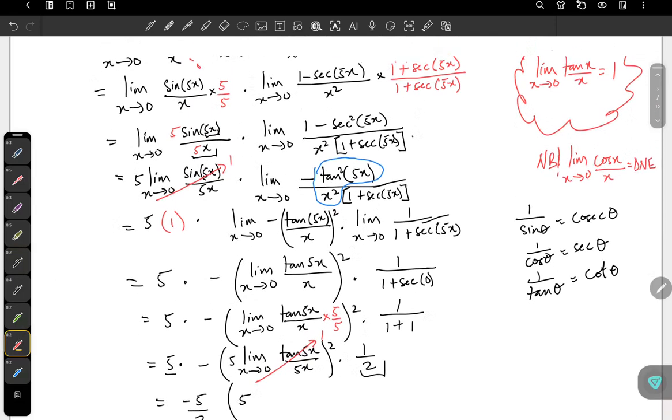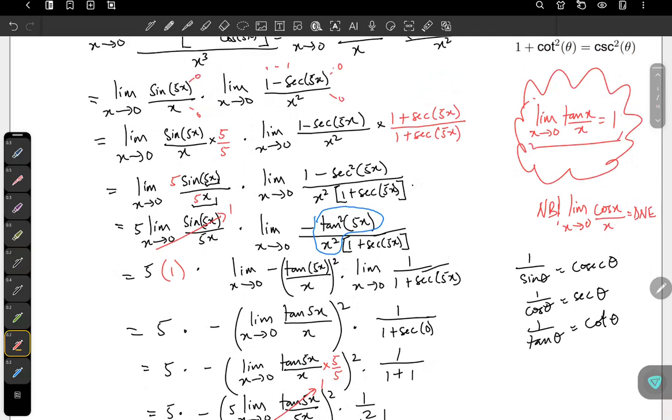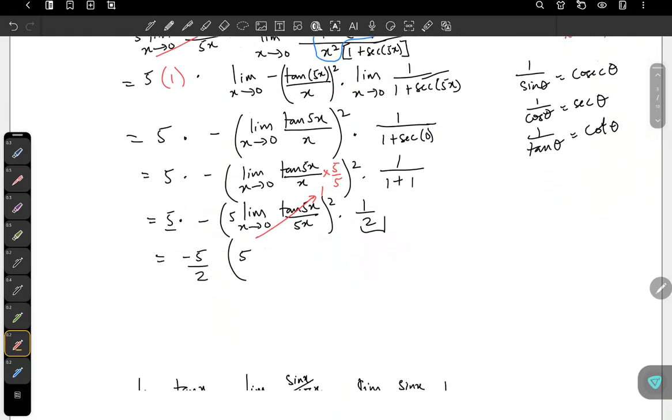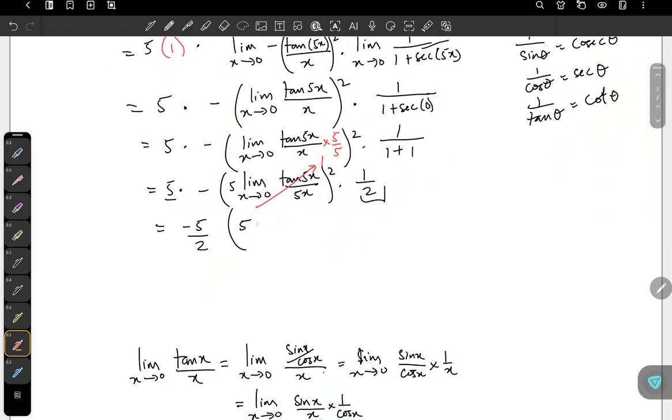What I've just used is this fact here. When we have the same stuff here and here, the limit will go to 1. So this is 5 times 1 squared. So this is going to give us minus 5 over 2 times 25, which is equal to minus 125 over 2.